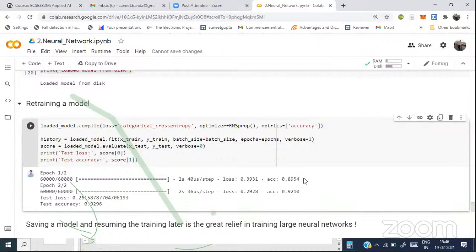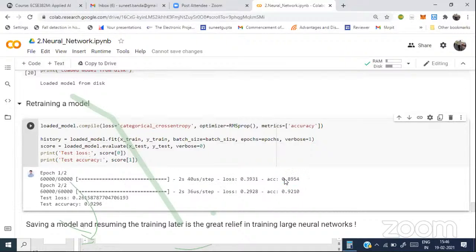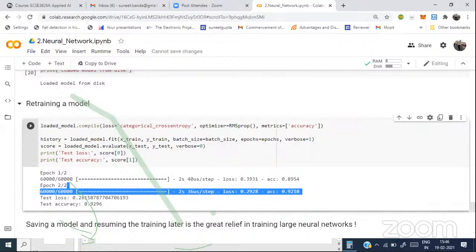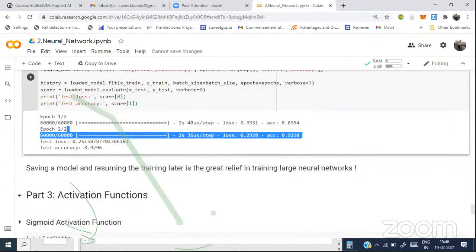Now, after completion of the 1st epoch during retraining, the accuracy is 89%, and after the 2nd epoch, the accuracy is 92%. Why is it so? Because you are retraining the model. The model has already been trained, but again you are retraining, so it will start from the previous state.